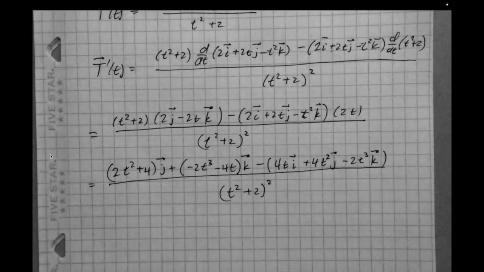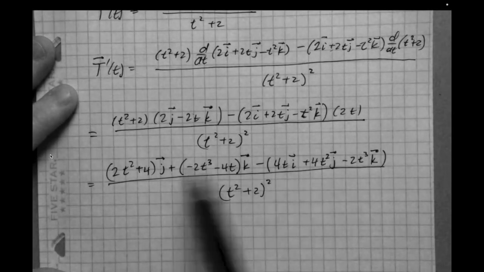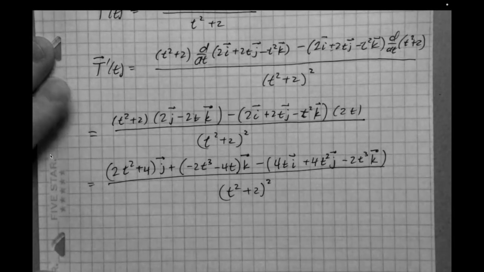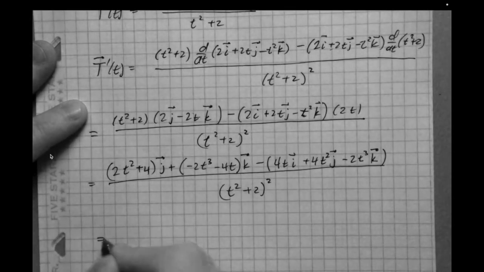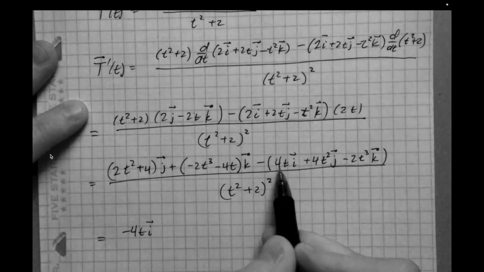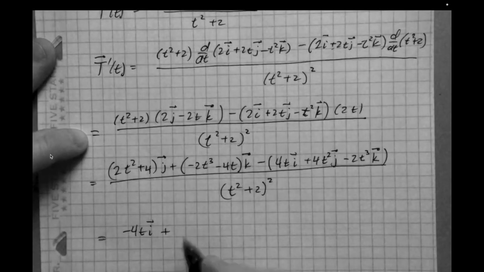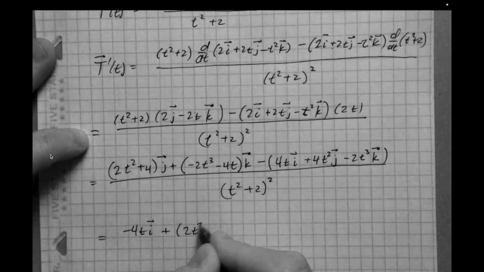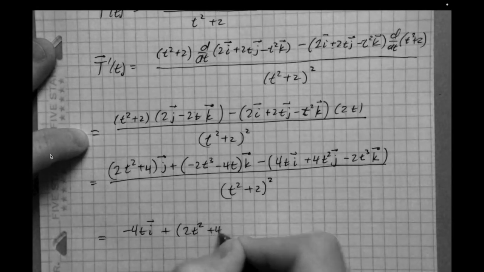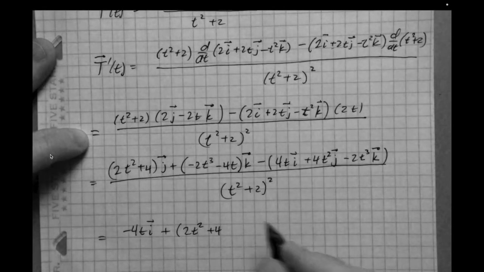Okay, and now I can simplify everything down here. Basically I need to combine all of the i components, the j components, and the k components. All right, and so when I do that, I get negative 4t i, that's right here, there's no other i's here. And then the j components, I would get plus, and I'm just going to bracket it just so that we can keep track of it, 2t squared plus 4 minus 4t squared.